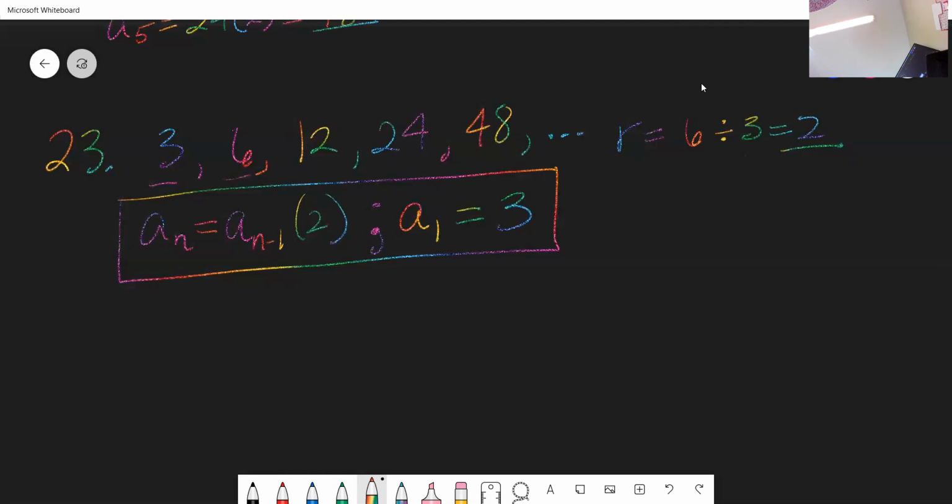If it asks you to write a recursive formula, you also have to define your first term. So you have to give a value for the term in position 1.